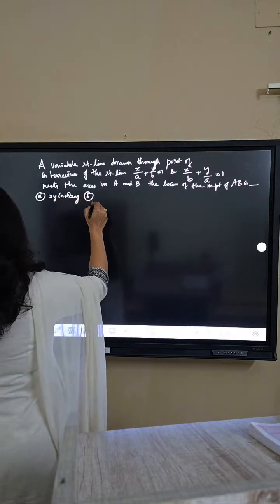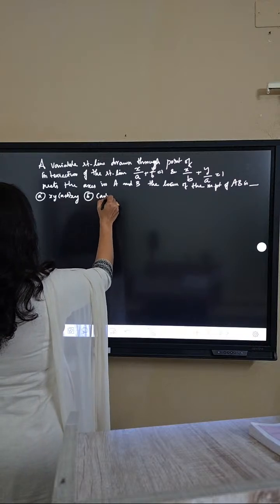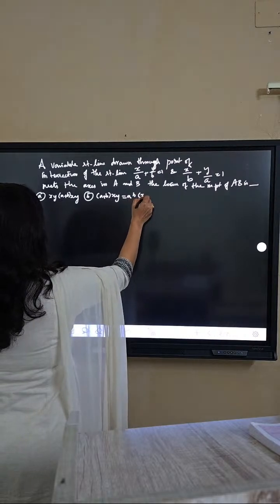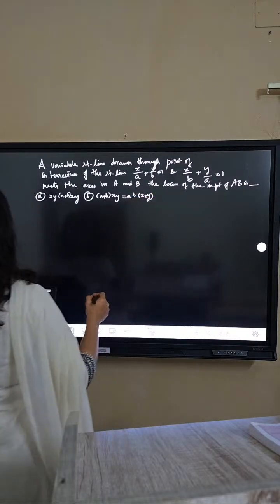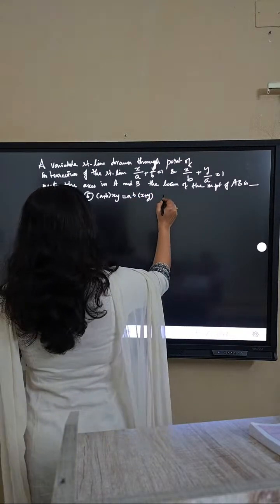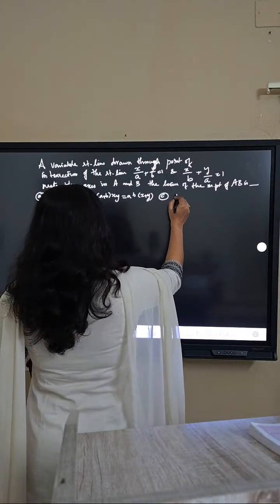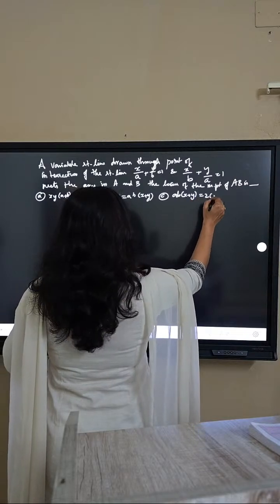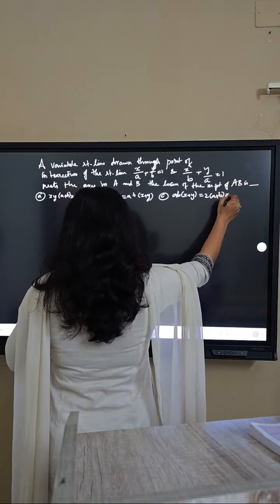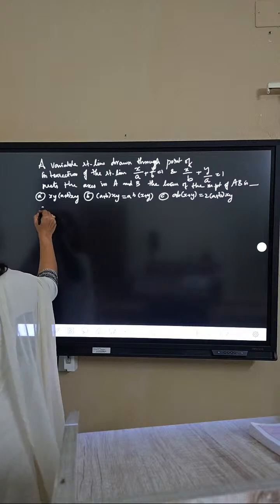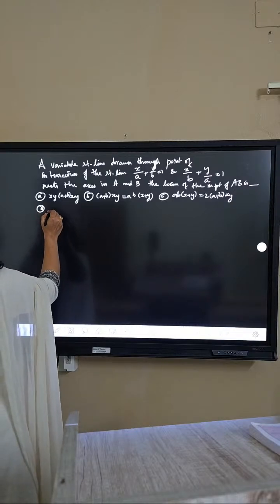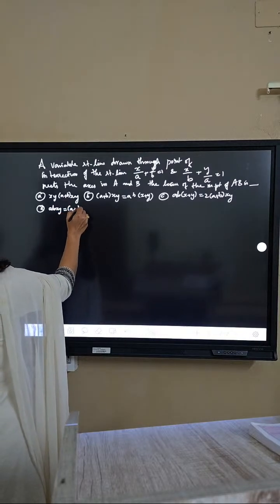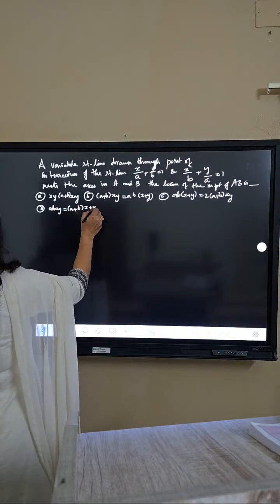The second option is a plus b into xy. Then third option is equal to 2 into a plus b xy. And fourth option is abxy equal to a plus b x plus y.